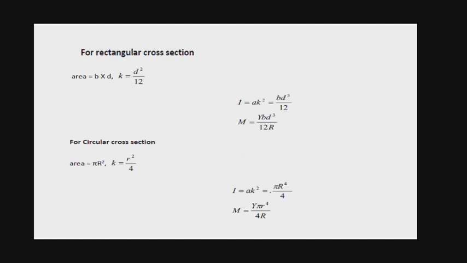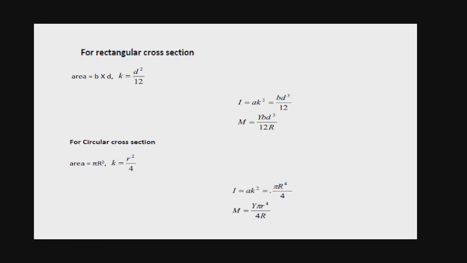For rectangular cross section, the area is B into D and K square is equal to D square divided by 12. That is, I is equal to A K square, that is B into D into D square divided by 12, that is BD cube divided by 12.